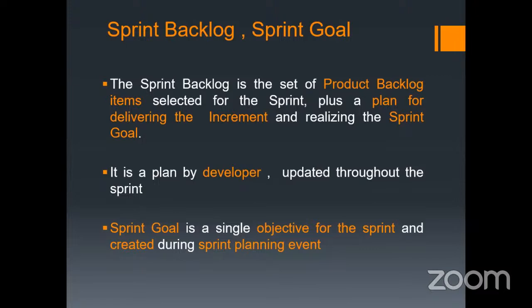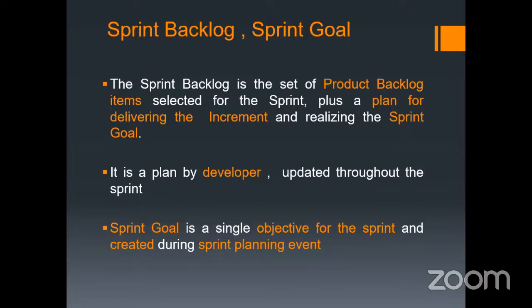So the sprint backlog will have a set of product backlog items taken from the product backlog, then the plan for delivering the increment for the sprint, as well as the sprint goal. And this is all done by the developers.